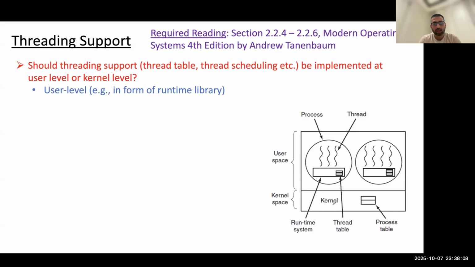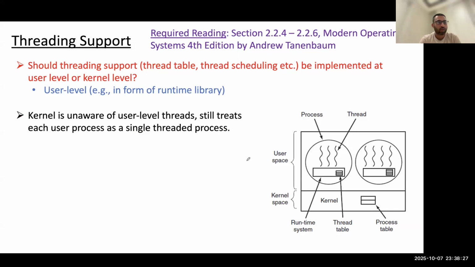And other than that, in the kernel space, you still have the process table. This is the same as even if you have a single threaded process, your kernel always maintains a process table, so it will still be there, irrespective of whether your processes are multi-threaded or single threaded.